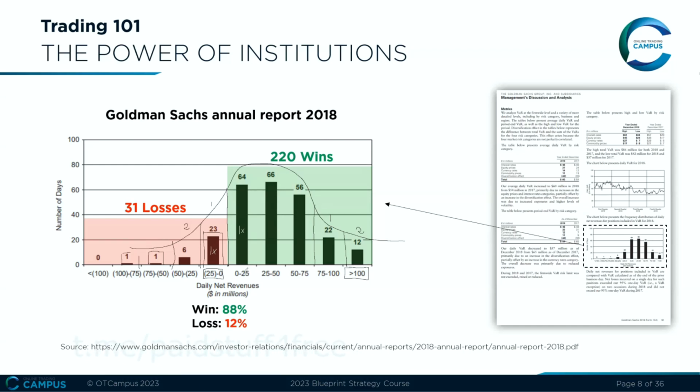They are also making 25 million of profit, and this happens more times than they lose. However, this would be a risk to reward of 1 to 1, because for every $25 million they risk, they make $25 million, or for every dollar they risk, they make $1.